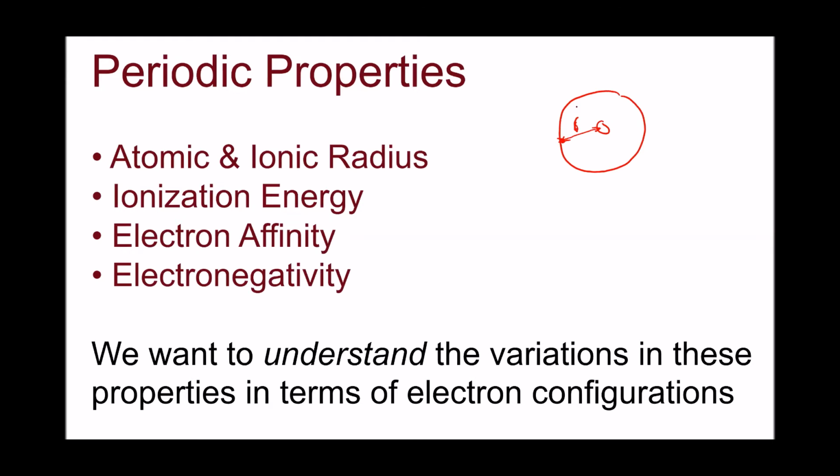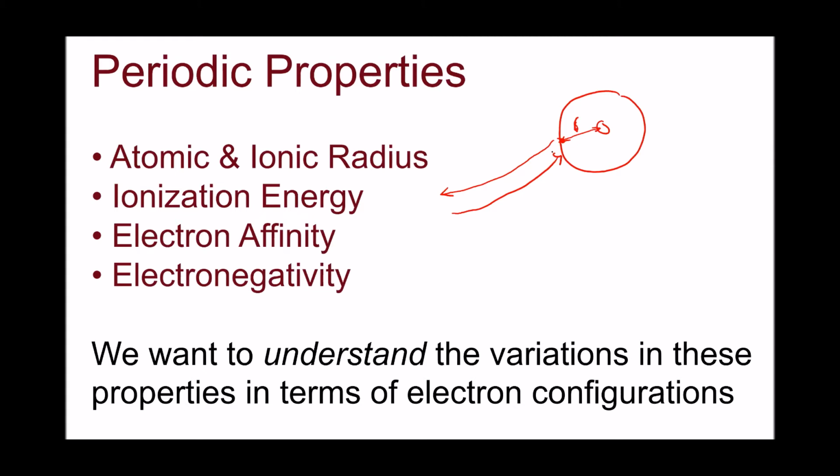And then we have ionization energy, which is the energy lost or gained during the removal of one valence electron. And the third one is electron affinity, which is the energy required to gain one electron to the valence shell.